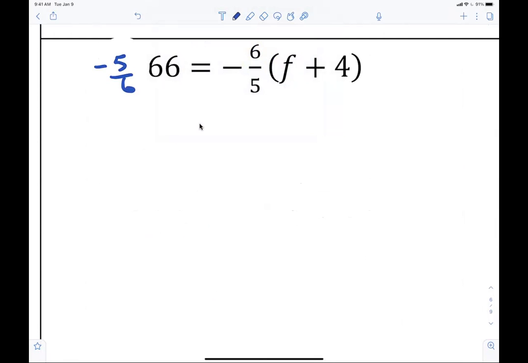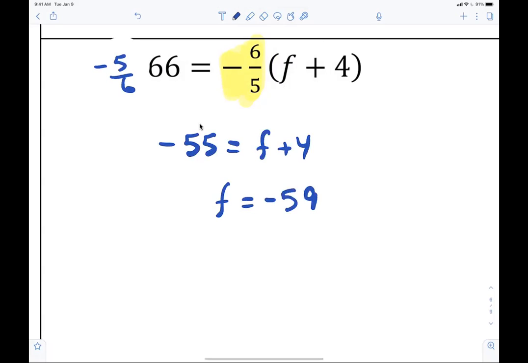Yeah. Okay, so I did the reciprocal here. All right, what does that 6 times 10 equal? 60. That equals -55. Thank you. And then -55 minus 4 is -59. Right, so tell me what F equals. F equals -59. Yes. All right, that's a great problem.